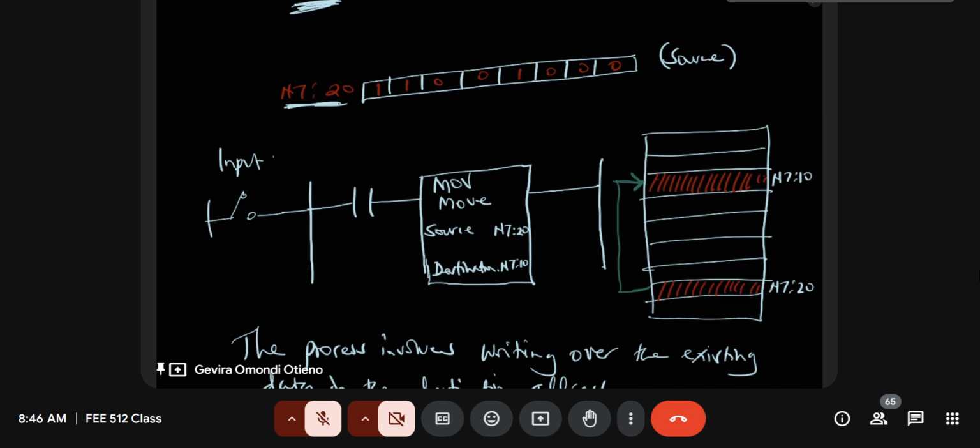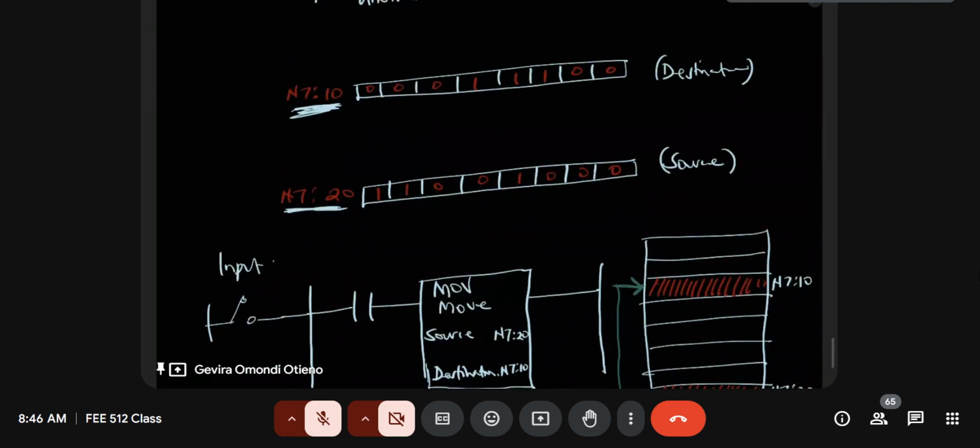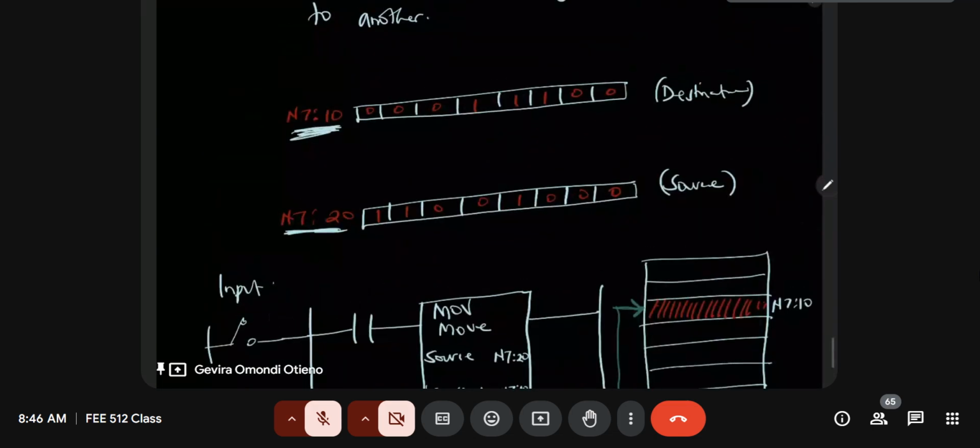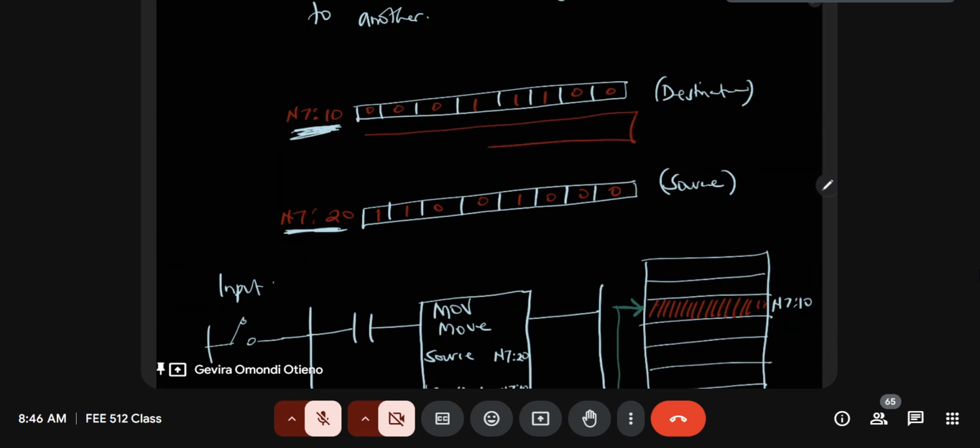So what will happen? This was before the move operation. After the move operation, let me now draw, the destination will be like this. I think those are 8 bits.